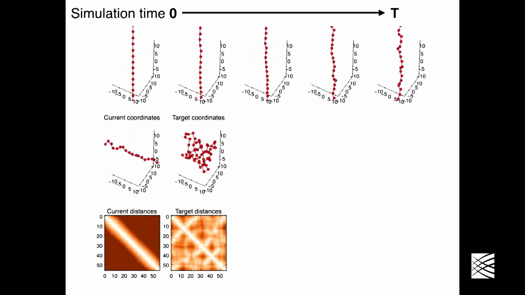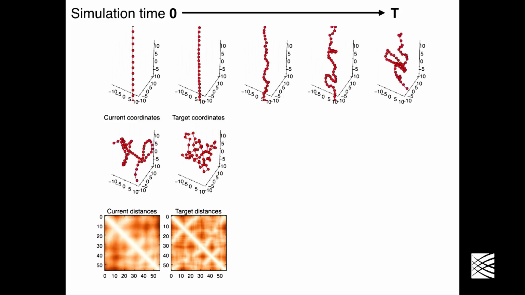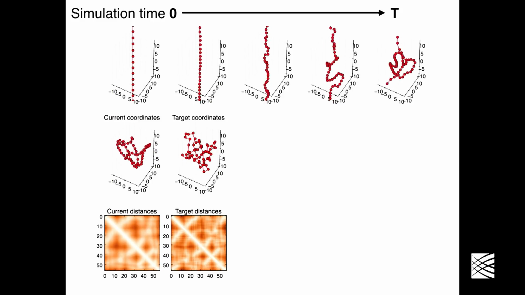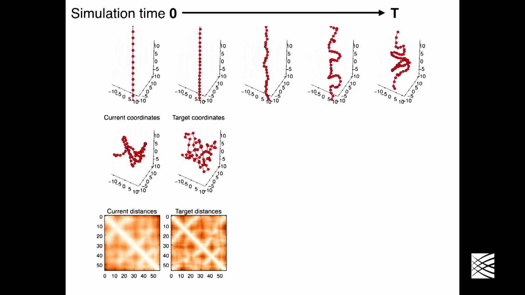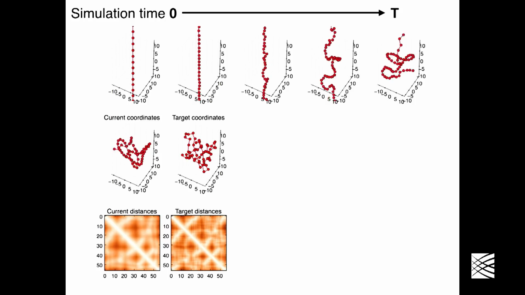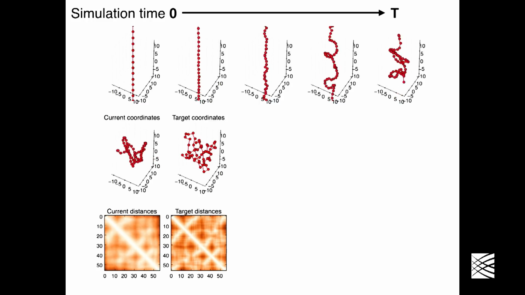Then the simulation within each frame uses the energy landscape, going downhill, and it's noisy, so you see it going all over the place. But what you can see, as this is looping, is that slowly but surely the simulator learns how to manipulate its energy landscape such that the process happening at each frame of the movie ends up with these target coordinates.